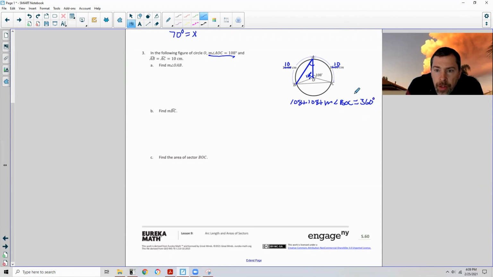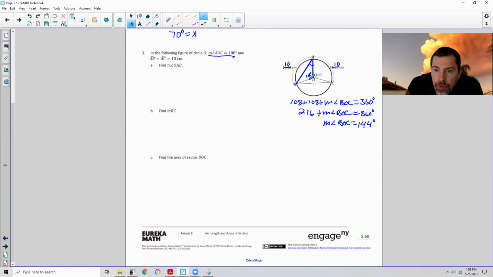Okay. All right. So this would be 216 plus the measure of angle BOC equals 360 degrees. So therefore, the measure of angle BOC equals 360 minus 216, which is 144 degrees.